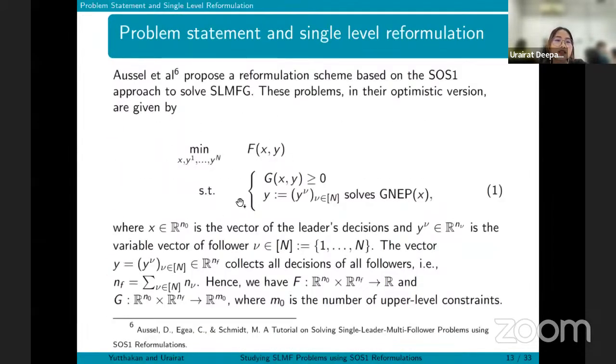The problem that Axel formulates is to minimize, for the single leader, f, the cost function of the leader, such that g(x,y) is greater than or equal to 0. g(x,y) is the constraint of the leader, and y is the solution of the followers, solved by the generalized Nash equilibrium.